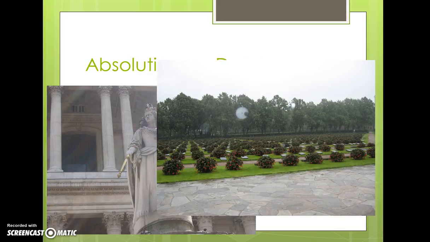A bit later on, this is the Finnish National Cemetery in Helsinki, the capital of Finland, where you can see the tombstones of many of the soldiers who were killed during the Second World War. These are both officers and enlisted men lying side by side in neat rows.